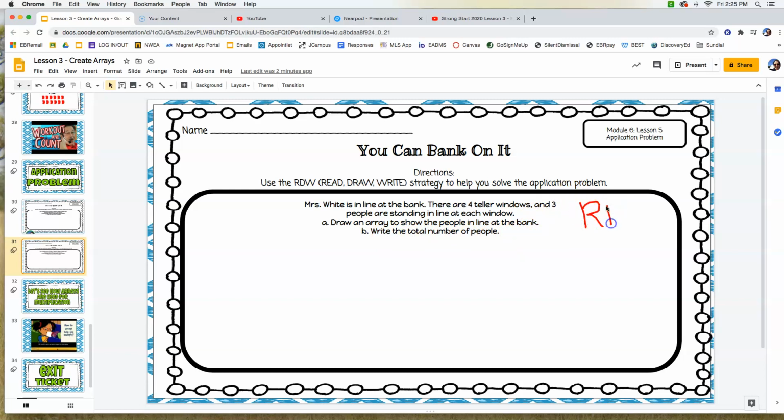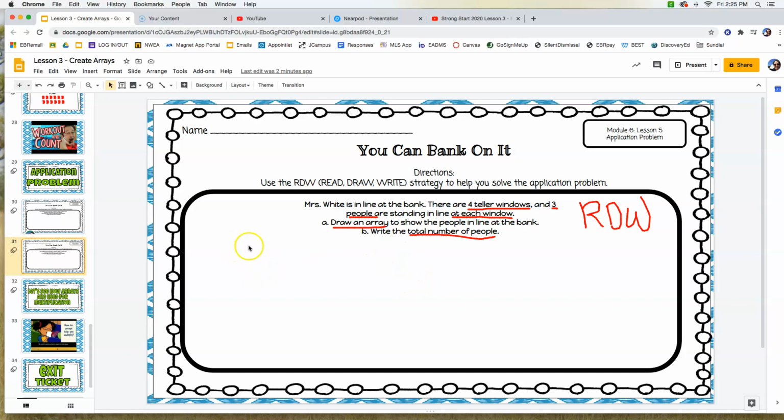So with our RDW, when we read the problem, not only do we read it, but we need to go back and underline important information. So 4 teller windows, that's important. 3 people at each window. And part A tells us to draw an array. And part B tells us we're looking for the total number of people.